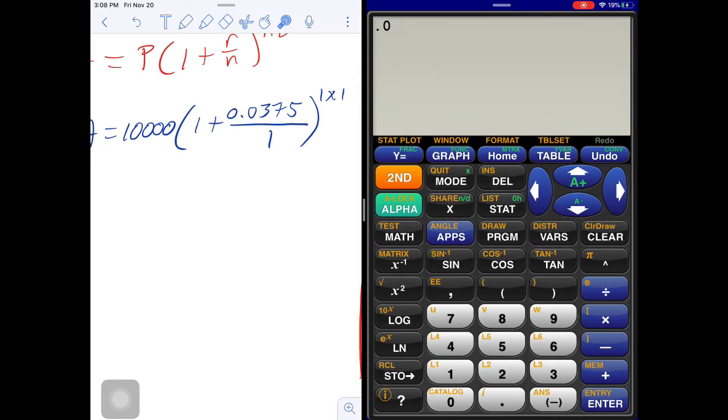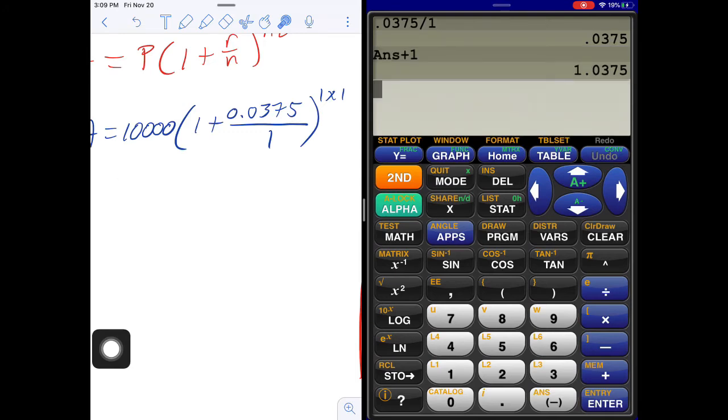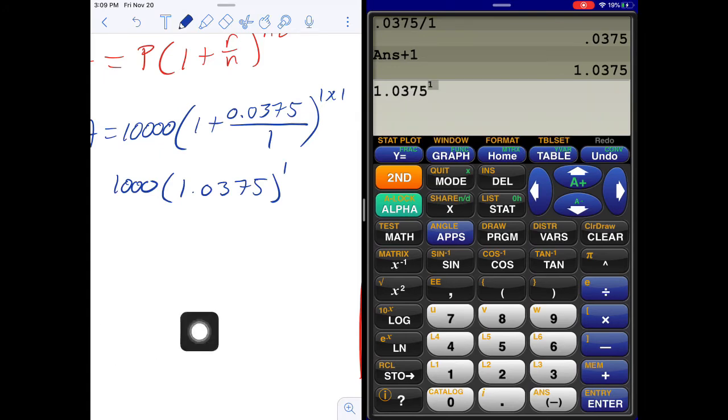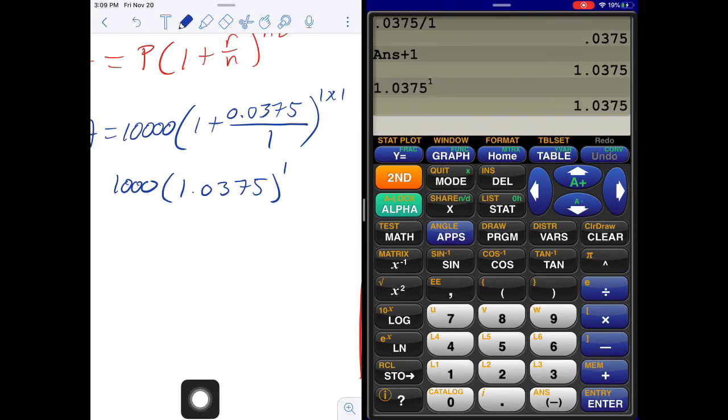So 0.0375 divided by 1. And then I'm going to add 1 to it, so plus 1. So I get 10,000 times 1.0375 to the power of 1 times 1, which is 1. So I'm going to take this number here, 1.0375, and I'm going to put it to the power of 1. Remember, your power button is this button. And then I'm going to take that number and multiply by 10,000.